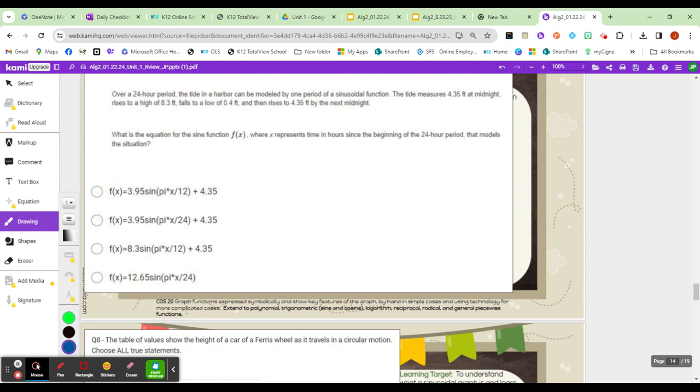That models the situation. So for this one, I sketched it out because I'm a visual person. So I looked at the numbers they gave me. They gave me 4.3 feet, 8.3 feet, 0.4 feet, and 4.3 feet again. So 24 hours, hours is going to be on your x-axis, and feet is going to be on your y-axis.